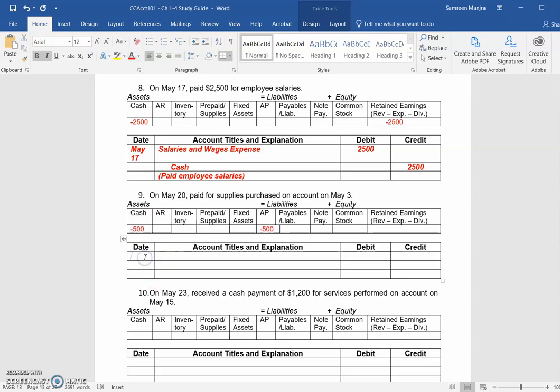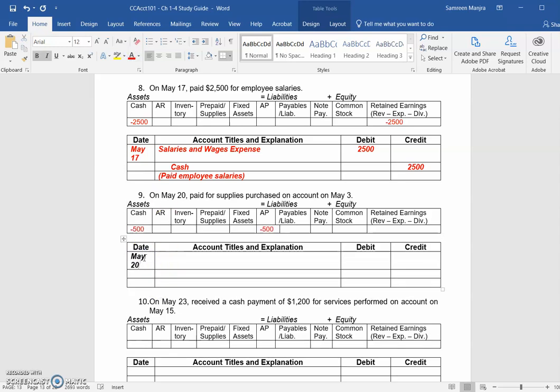So on May 20th, we're going to record a debit to accounts payable. Accounts payable is a liability account. When we have an increase in our liabilities, that'll be a credit. When we have a decrease in our liabilities, it's going to be a debit. And we also know that we had a decrease in cash, which is an asset account.